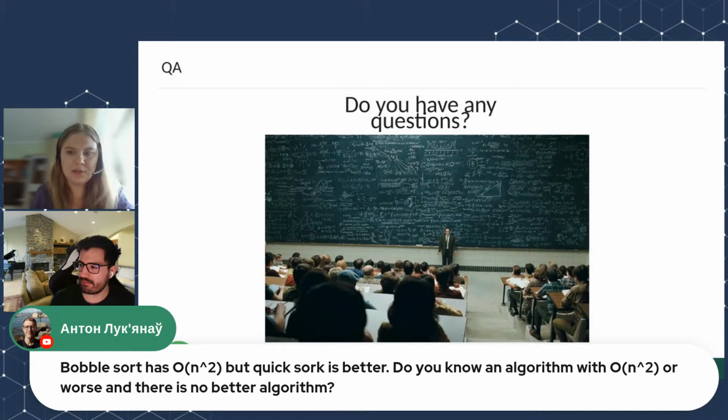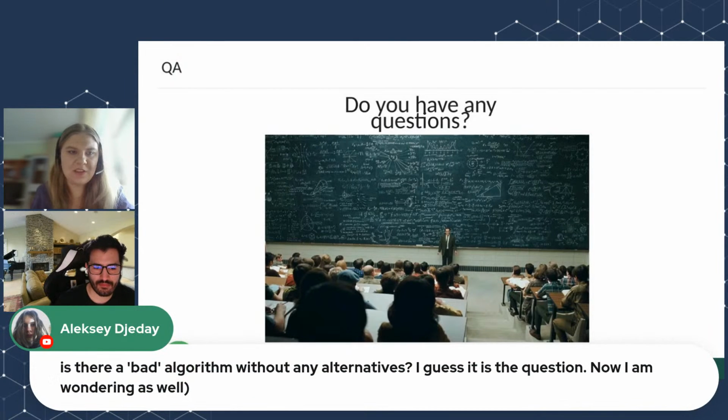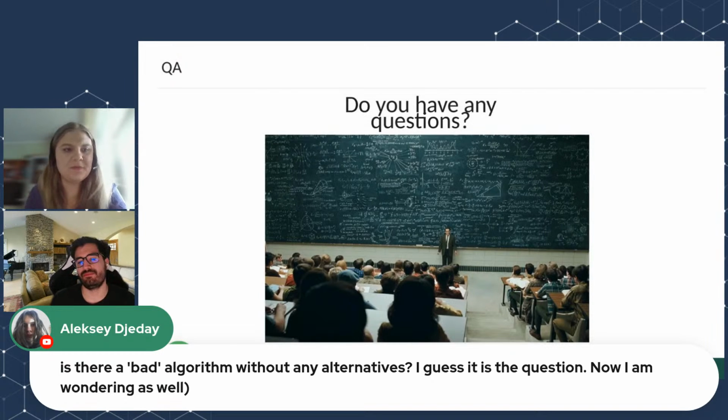Someone has another comment: is there a bad algorithm without any alternatives? I would say it depends, like I've said till now, on the use case that you have. Usually at this moment there is a solution for most things.